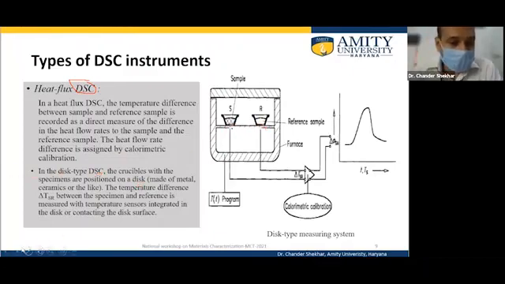In the disk type DSC, the crucibles and the specimen are positioned on a disk made of metal, ceramic, or similar materials. The temperature difference between the separate sample and reference is measured, and this temperature is integrated with the disk or the connecting disk.